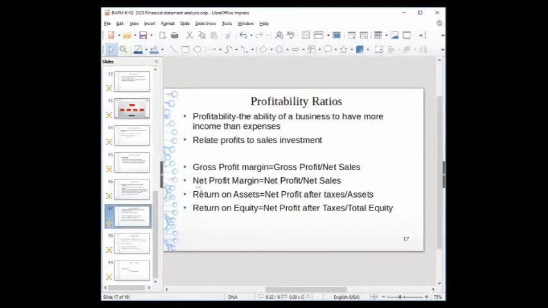You can also use the net profit margin, calculated by the net profit divided by net sales. While the ROA, the return on assets, is calculated by the net profit after taxes divided by the total assets. Return on equity is calculated with the net profit after taxes divided by total equity.